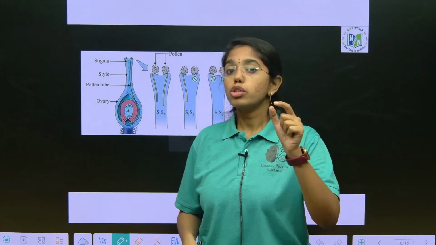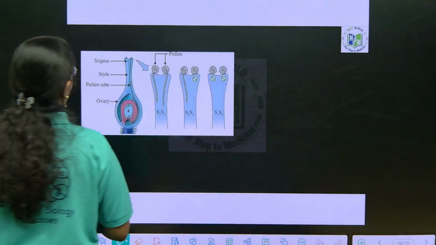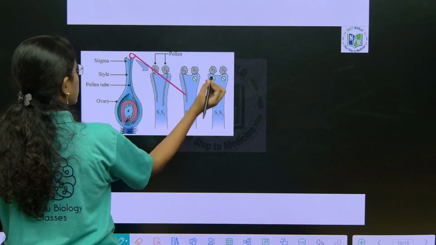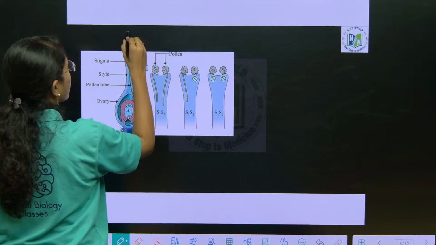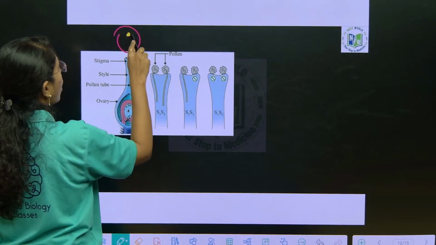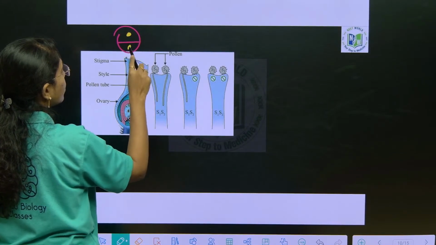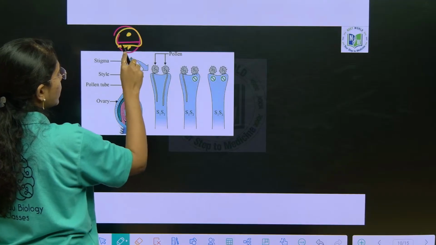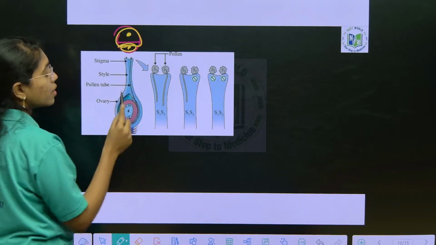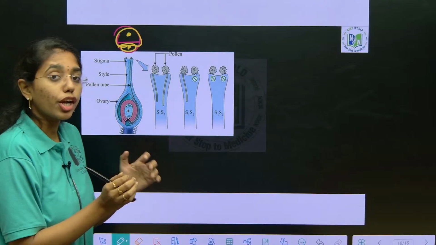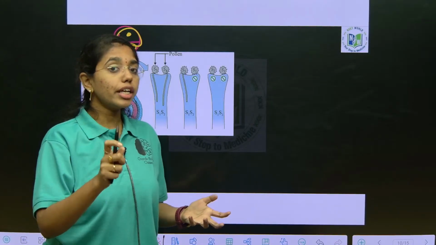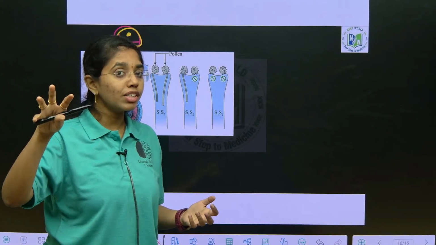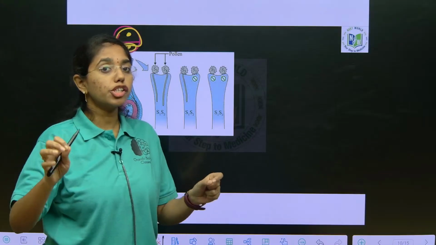Yes or no? So, when that pollen grain lands on the stigma, it already has two cells, right. One is the vegetative cell and the other is the generative cell. The vegetative cell is large and has a regular shaped nucleus. The generative cell is small, floating in the vegetative cell, and has a spindle shaped nucleus.